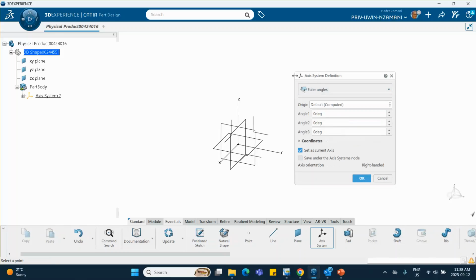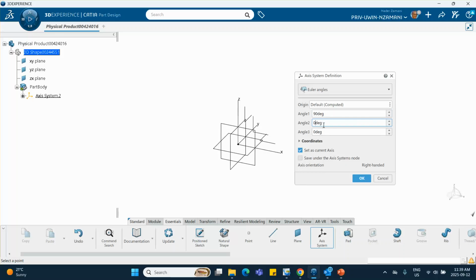Change to Euler angle. First one, I put a 90. This is rotating about the default coordinate system, which is lined up with the global one. Rotates it about the z-axis by 90 degrees. So notice what happens. This x is going to go here, y is going to go in the back.